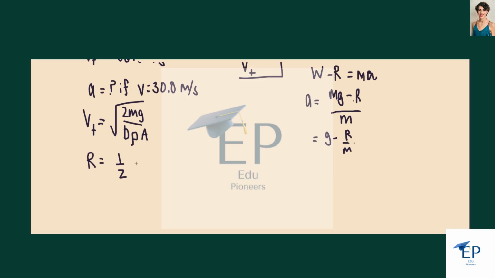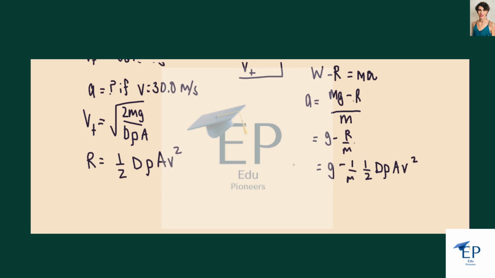I think it's 1/2 D rho A v squared. Let's double check if that's right. 1/2 D rho A v squared. Okay, great. And so we can say that R is equal to this. So let's sub this in. So it's 1/m times R, 1/2 D rho A v squared.